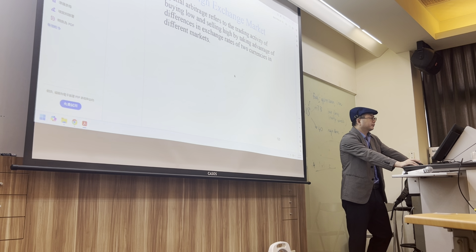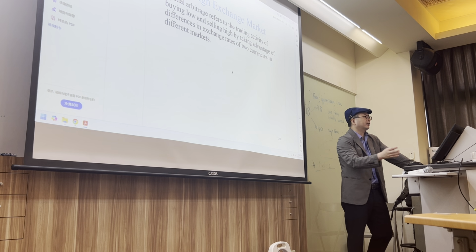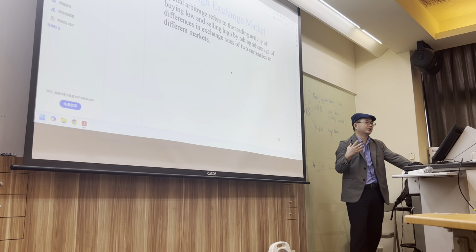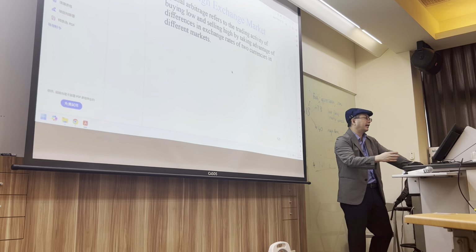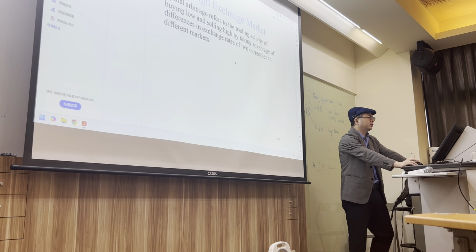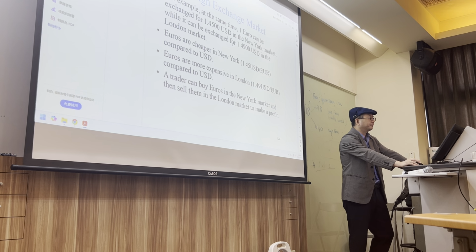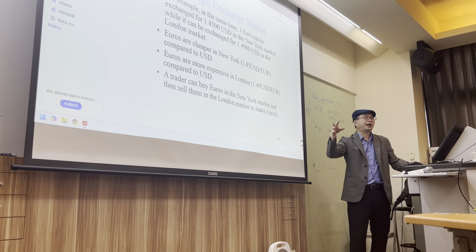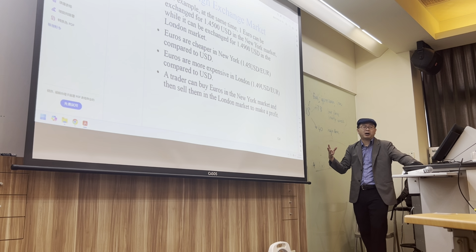So this kind of spatial arbitrage refers to the trading activity of buying low and selling high by taking advantage of differences in the exchange rate of two currencies in different markets. Okay. Now let's apply the concept that we talked about before, right?